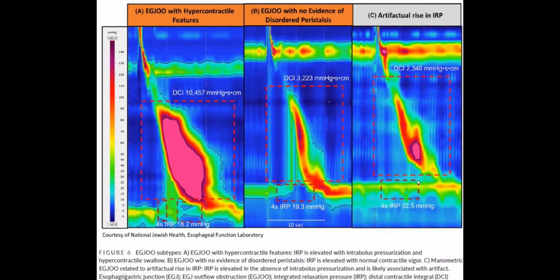And the third example here is basically maybe an artifact, because sometimes you see an isolated situation where there's nothing abnormal at all, in which case it could be normal. So we can't really use the third example to label as an EGJ outflow obstruction based on Chicago 4. You need other supportive criteria, which is absent here.